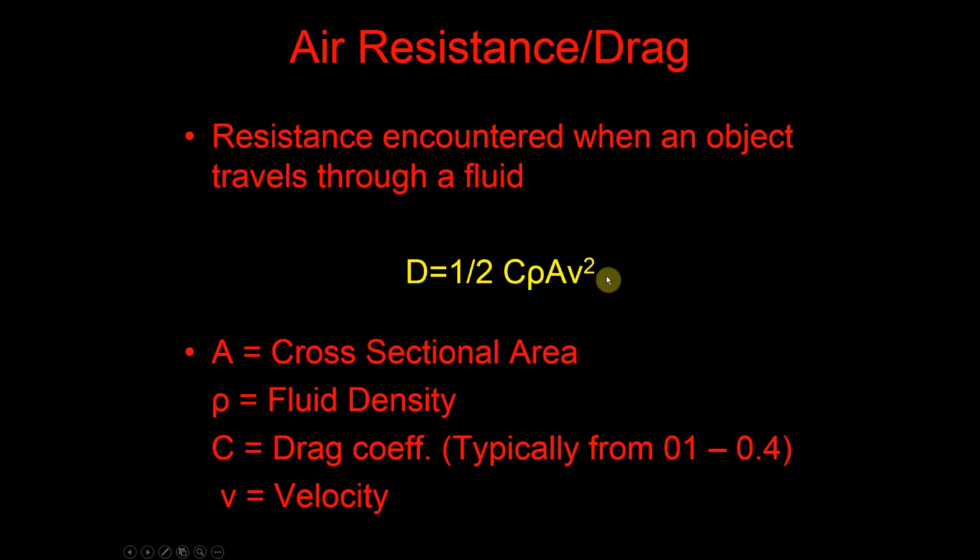And v is how fast your object is traveling. So velocity does scale your drag factor. The faster you travel, the higher your drag will go in terms of a squared relationship. This actually gets worse when you start traveling at very, very high speeds, speeds in excess of the speed of sound or approaching the speed of sound. Then it starts scaling as, say, v to the 4.